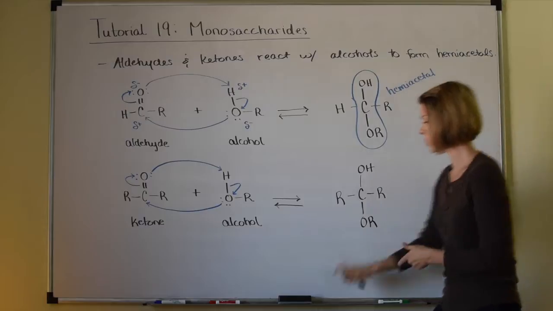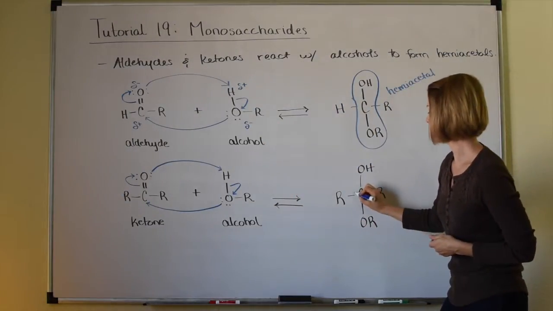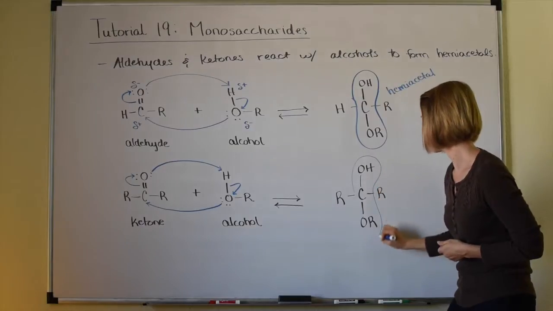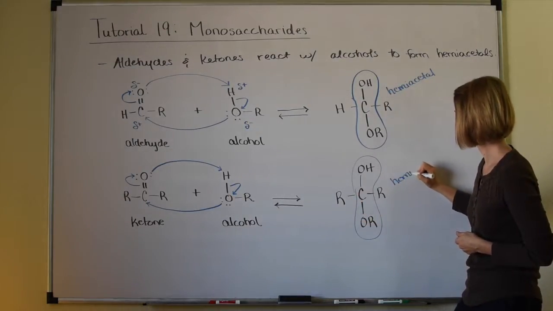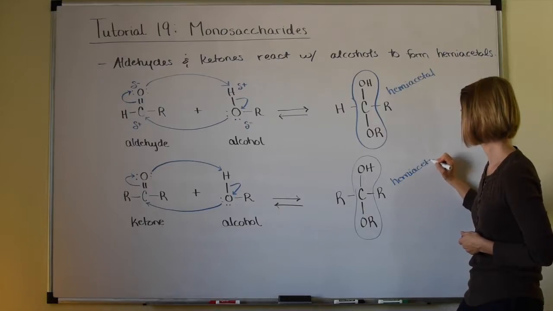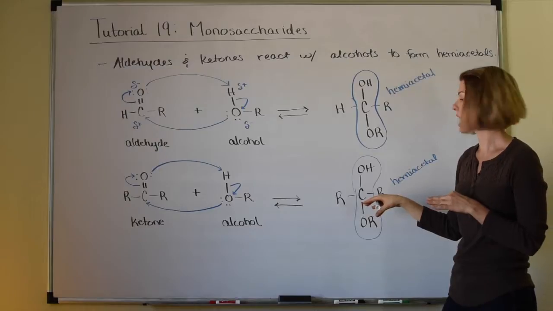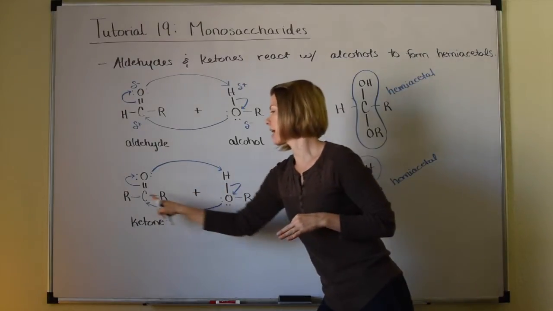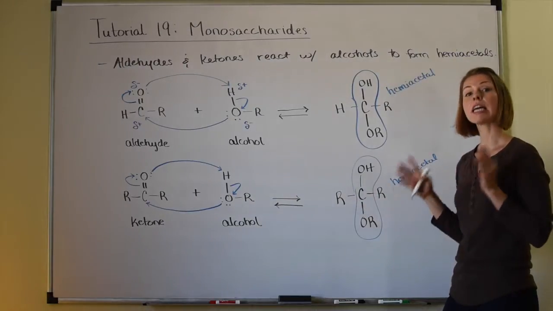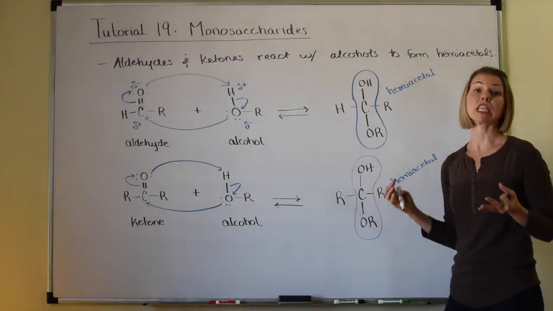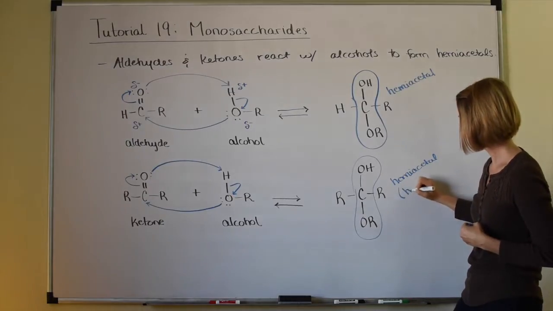All right, so a carbon attached to an OH and an OR is a hemiacetal. However, when the hemiacetal came from a ketone and has two carbons here, instead of a carbon and a hydrogen, it is often more specifically called a hemiketal. So I'm going to write that down here. Hemiketal.